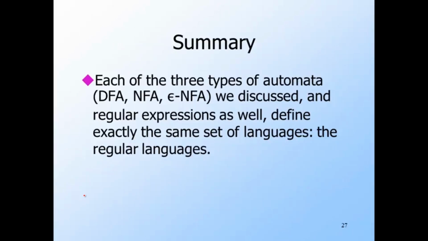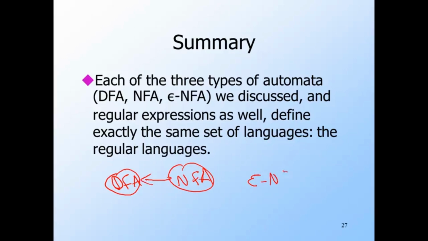Each of the three types of automata, the DFA, the NFA, and the epsilon NFA that we discussed, and regular expressions as well, define exactly the same set of languages, the regular languages. That is, if you remember, we started with the DFA, and we showed that any NFA could be converted to a DFA, that's the subset construction. We then showed that any epsilon NFA could be converted to an ordinary NFA, that was sort of the closure construction.